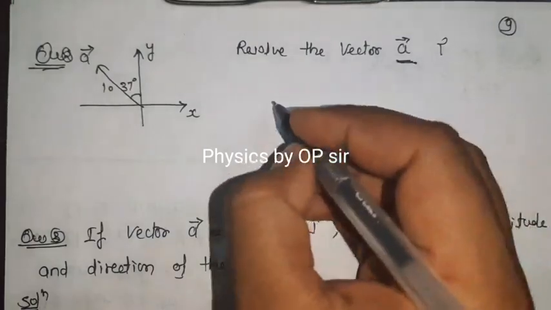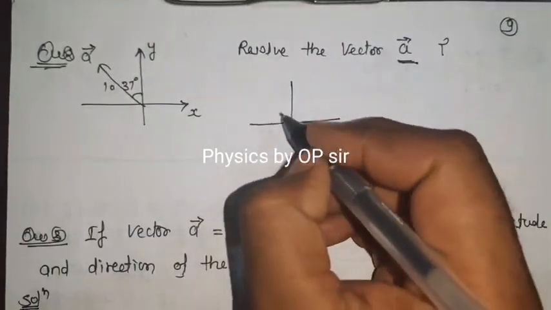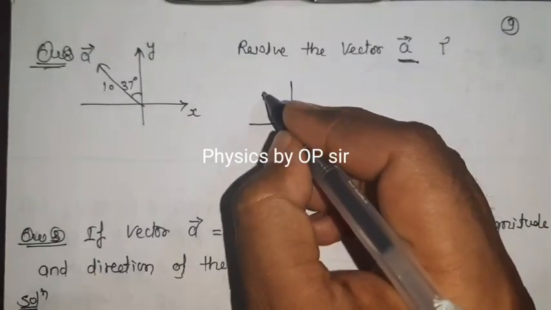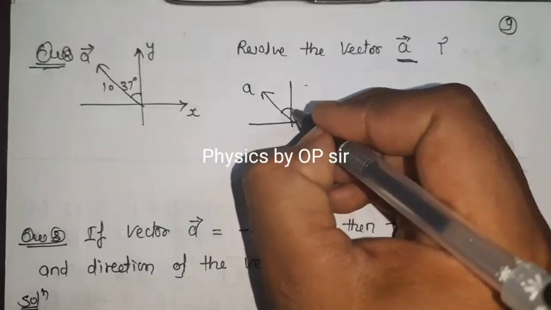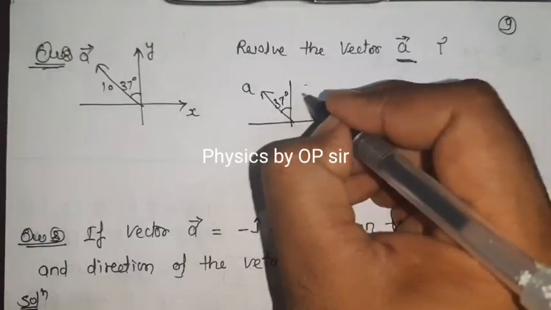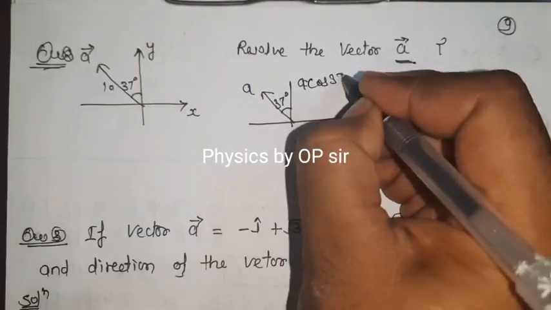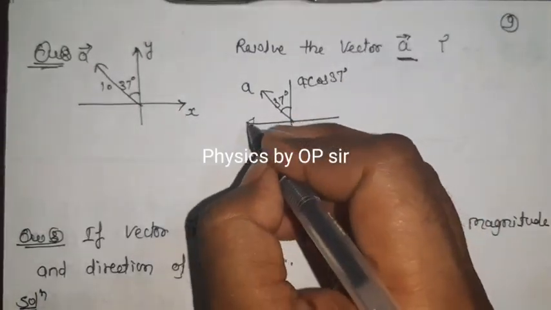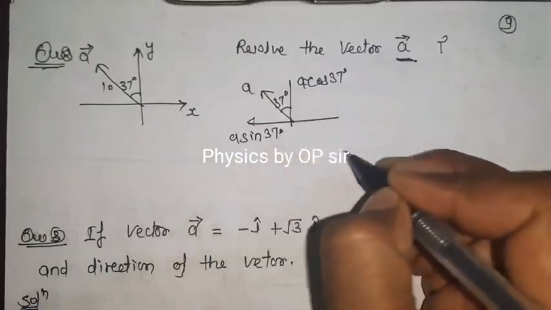So for the resolution of a vector, again I am drawing this. See here, this is your a, and this angle is 37 degrees. This component becomes a cos 37 degree, and this component becomes a sin 37 degree.